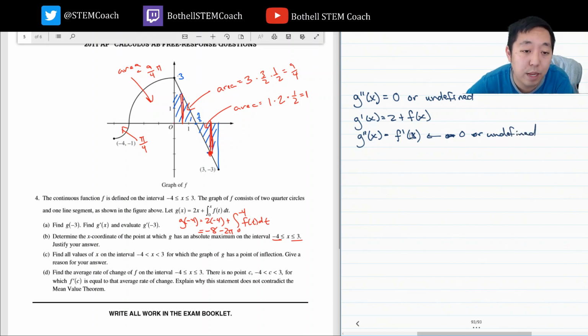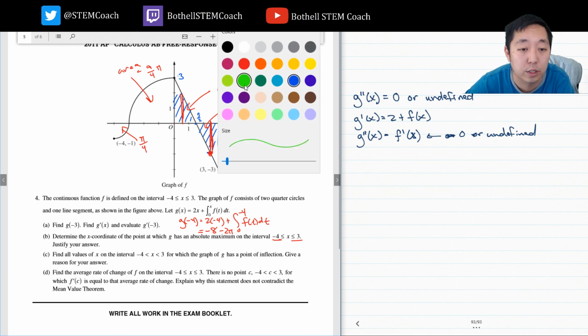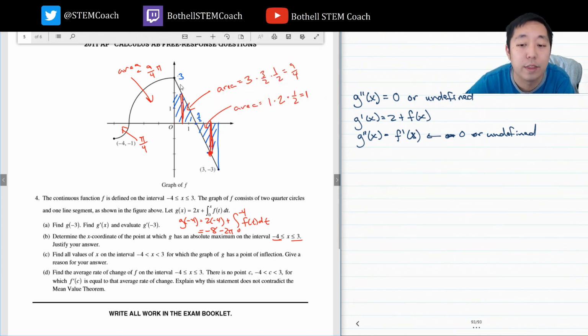Now, f prime of x is when the slope is 0 or undefined. Let's circle in green the points where the derivative of f is 0 or undefined. The derivative is undefined here because the slope from the left and the right are not the same.